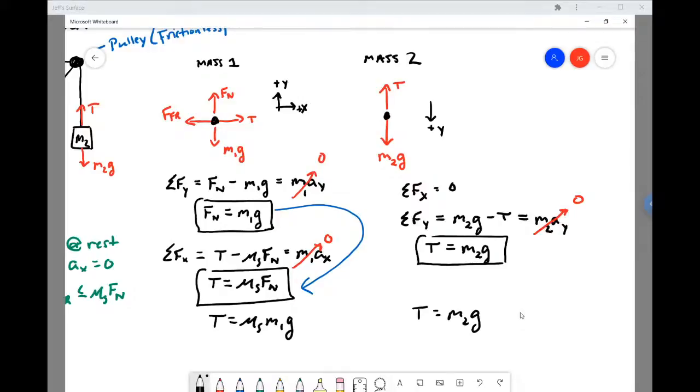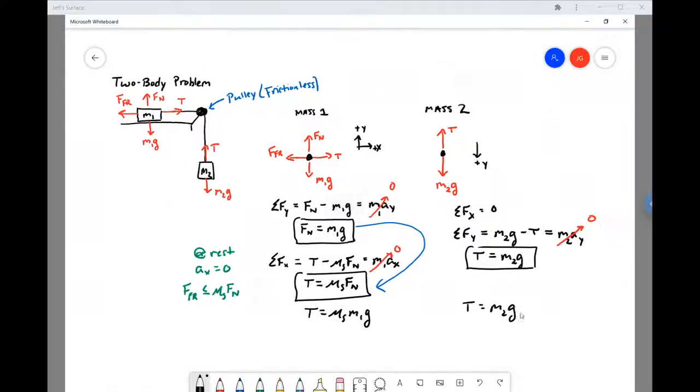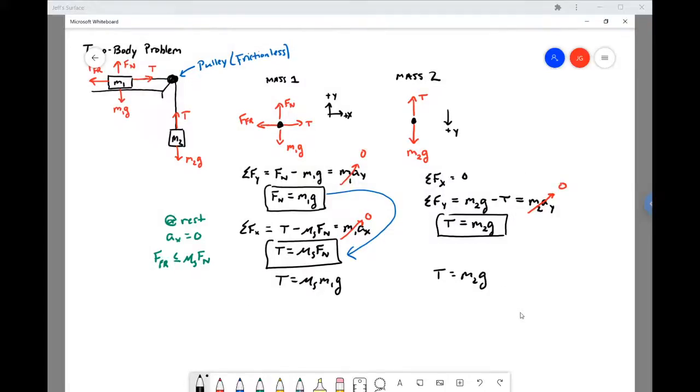Set those two things equal to one another, and you have μs m1g equals m2g, and we get this situation where there's a g on both sides, so the acceleration due to gravity doesn't matter. I'll write it out one more time. What is the maximum mass that m2 can have before things start sliding? It depends on two things: the coefficient of static friction, μs, and the mass of m1.